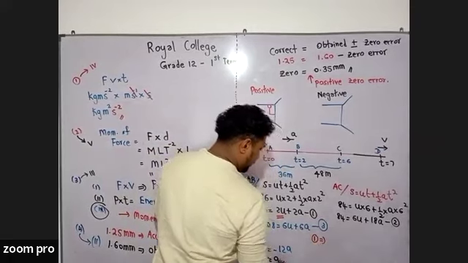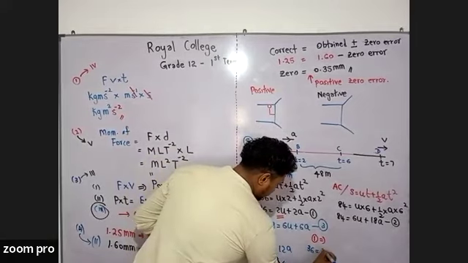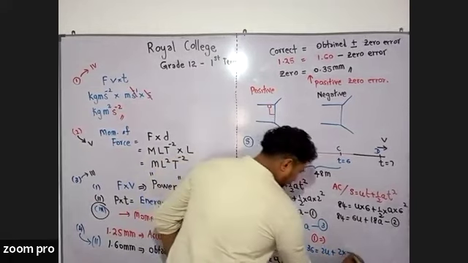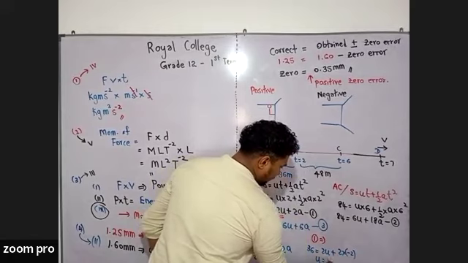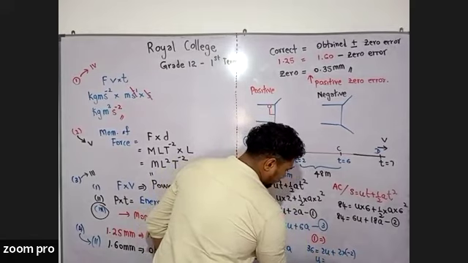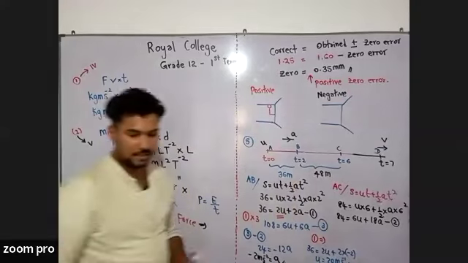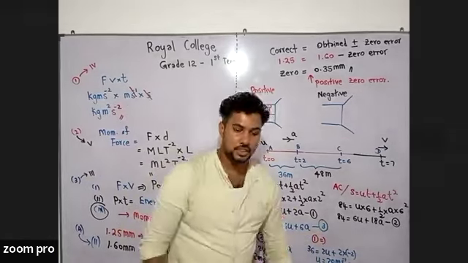If I substitute the a value, then 36 equals u plus 2a, where a is minus 2. Then we can figure out that u is equal to 20 ms^-1. So now we have an idea about the acceleration and the initial velocity.